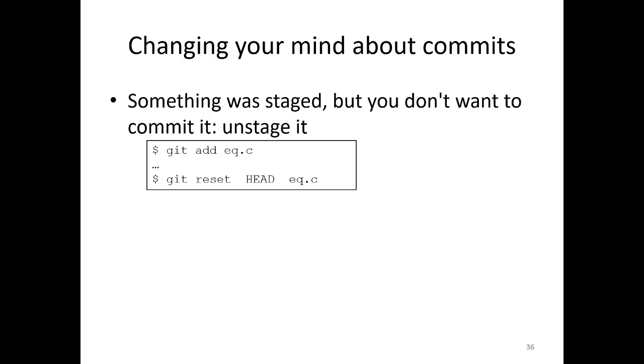Basically you need to, for instance, change something more in eq.c, or the file should not be changed for whatever reason. Then you can just do git reset head and then eq.c, so that unstages eq.c. eq.c is not modified by this, it's just telling the repository that, hey, in the next commit, eq.c should not be part of that.